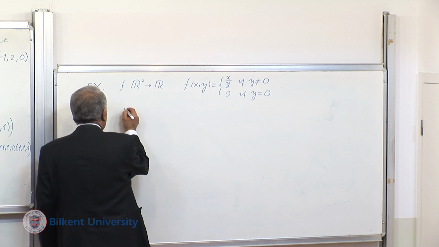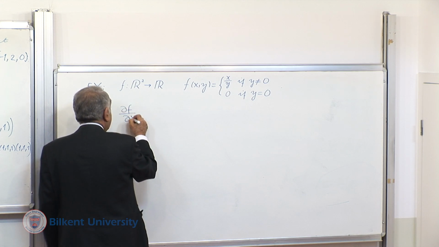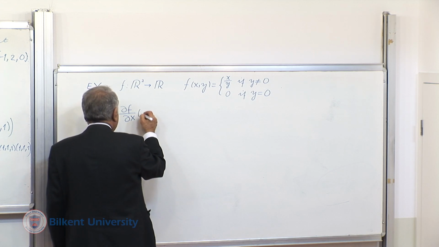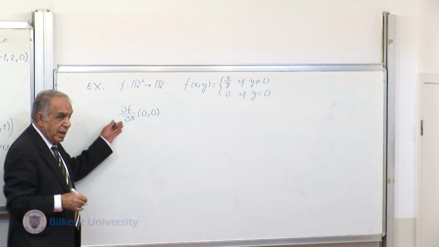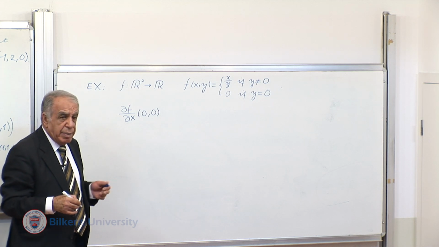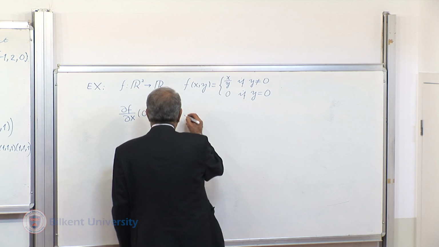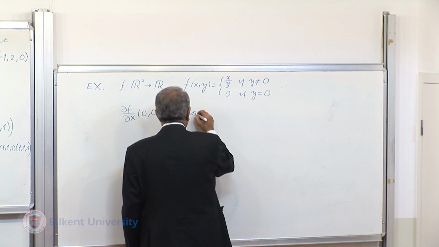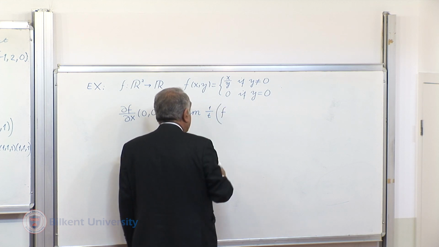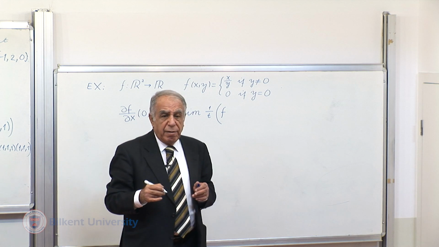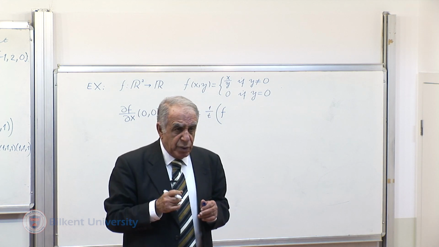Now let us first find this at 0, 0. If this is well defined, then it will be equal to the following limit: 1 over t, times f of a plus tu.